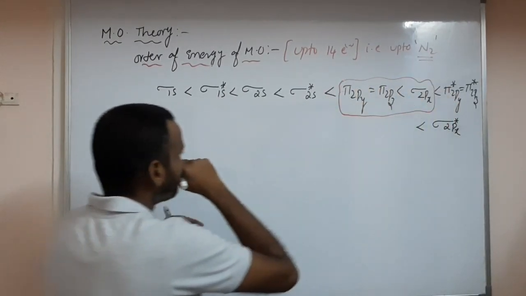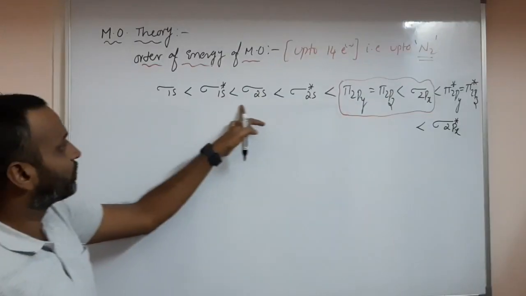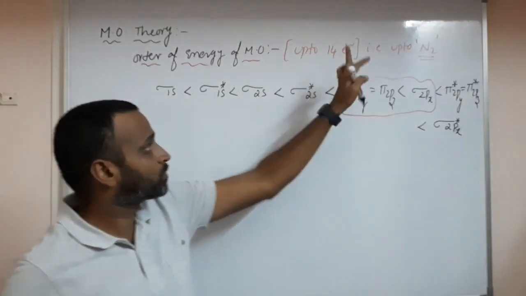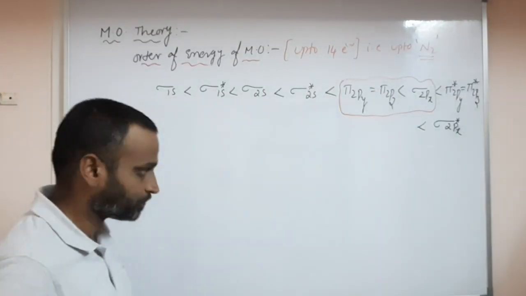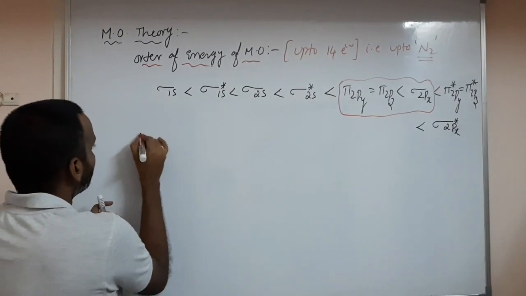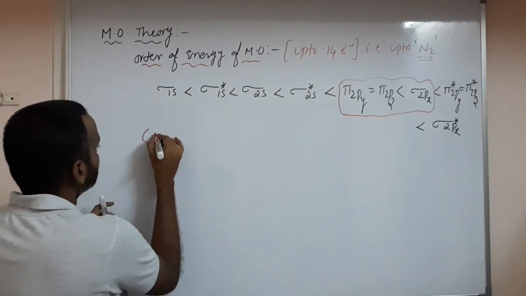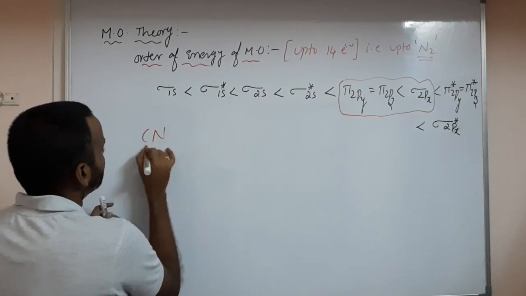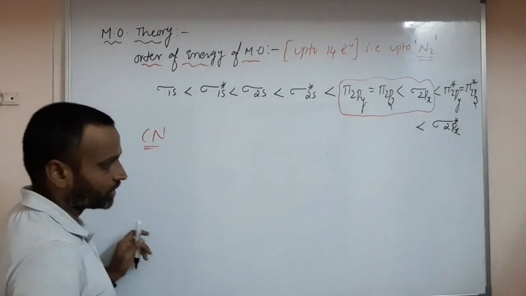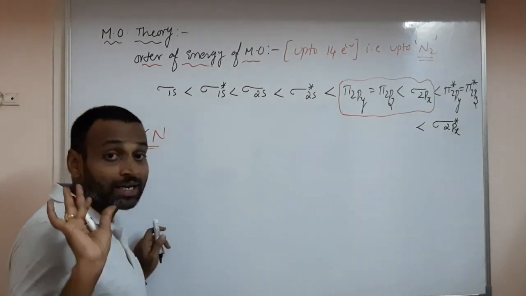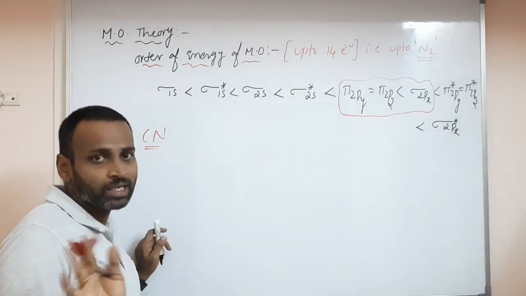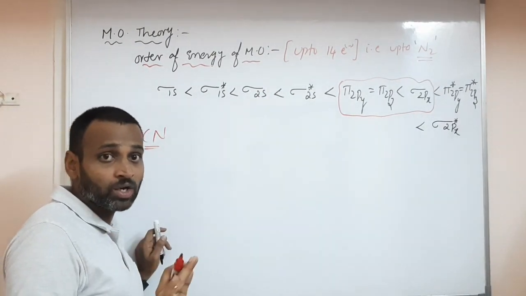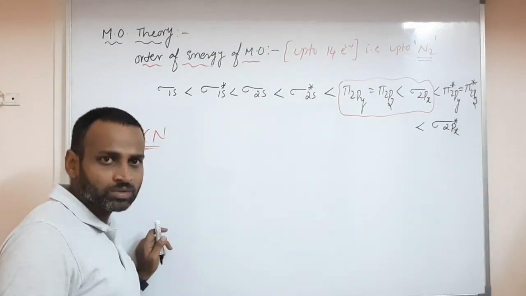Important: this is the order of energy of molecular orbitals up to 14 electrons. Suppose CN is given, what is its electronic configuration? Here you have to take total electrons, not valence electrons. Remember, in molecular orbital theory, total electrons.